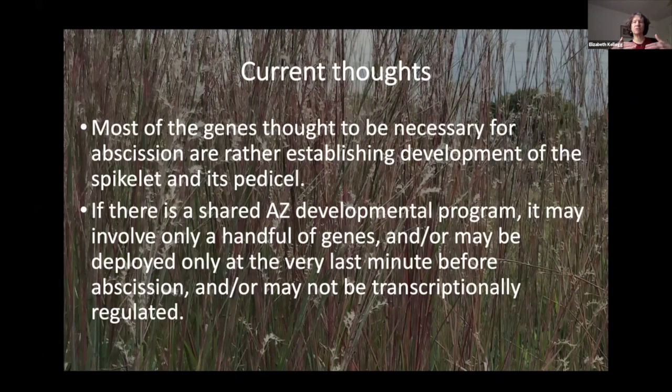That is, if you affect spikelet development or pedicel development, it's going to have an effect on the abscission zone, sort of indirectly. And the abscission zone itself may be controlled by only a handful of genes, or may be deployed only at the very last minute before abscission, or it may not be transcriptionally regulated.